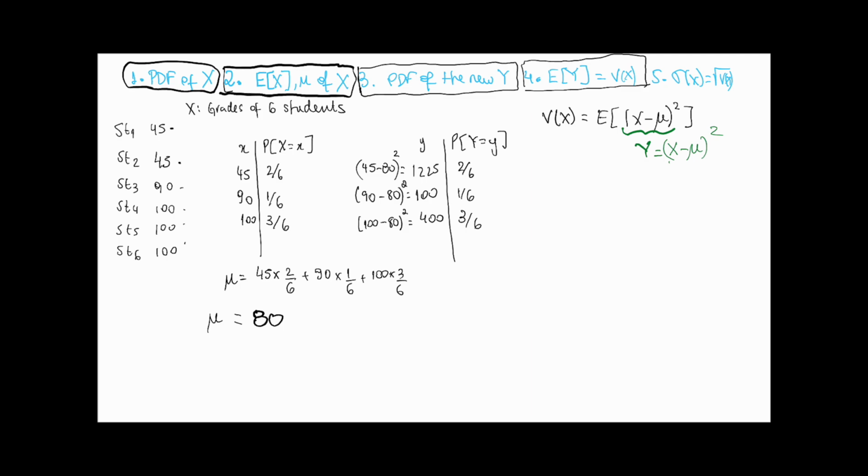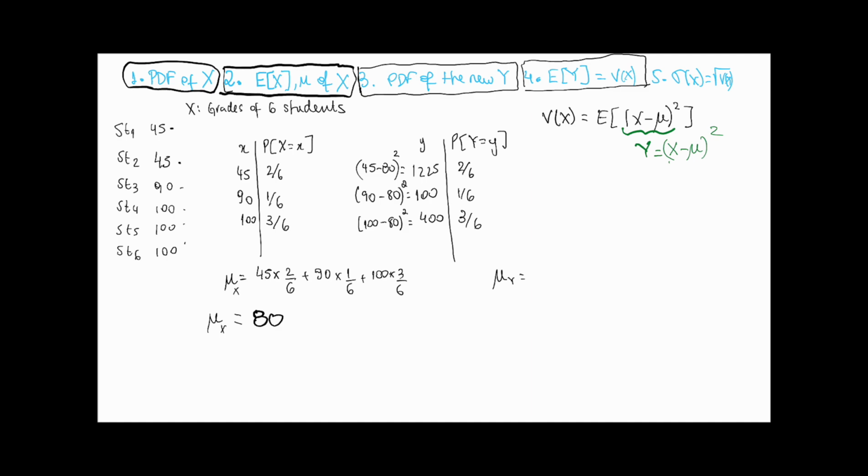So I have to find the expected value of y. Some people like to do mu of x and mu of y. Some even use the mu notation everywhere. It doesn't matter. You can use the mu notation whenever you want.